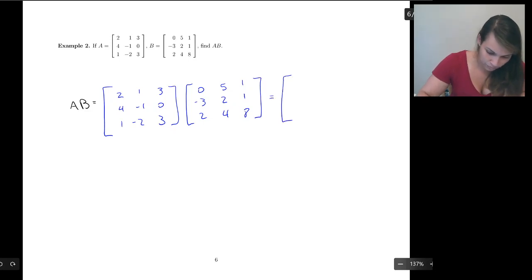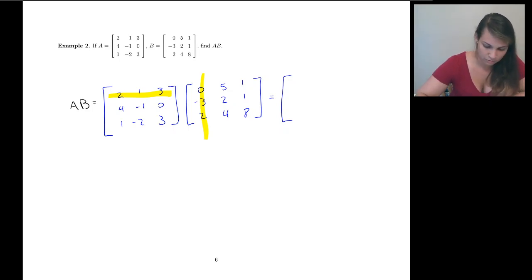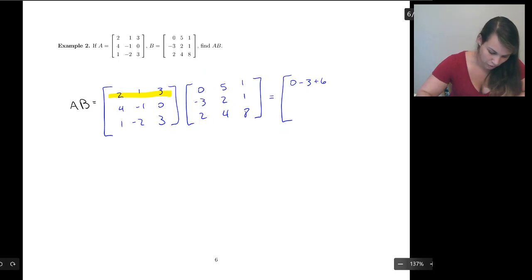And that is equal to, first entry comes from row 1, column 1. If we multiply those together, 2 times 0 is 0. Negative 3 times 1 is negative 3. 2 times 3 is 6. So there we go, first entry. Then next, I want this entry here, so row 2, still column 1. That's going to be 0 plus 3 plus 0.